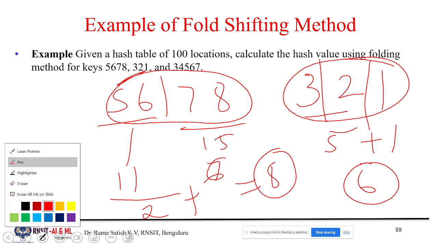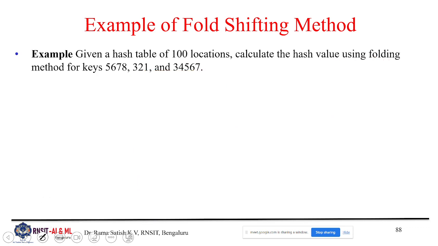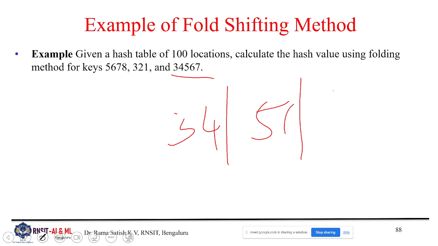Similarly, you can also use 34567. 3 4 is one partition, 5 6 is another partition, and 7 is another partition. The last one is shorter, but now you fold. So when you fold it, 3 plus 4 is 7, and 5 plus 6 is 11, and 7.